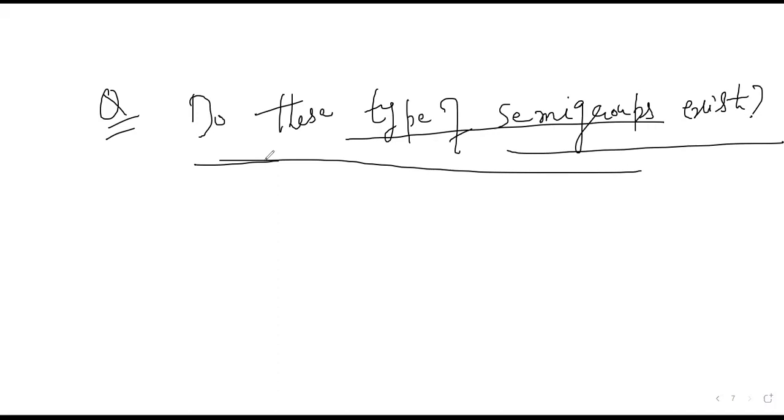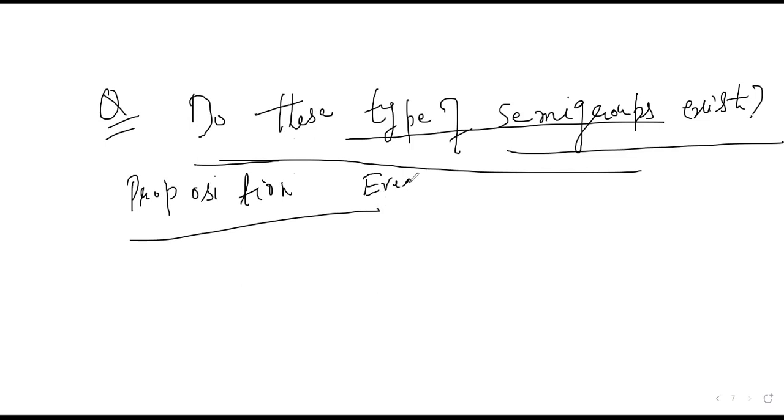But before going to Rees theorem, first I will prove this result for finite case. So this is the first result that we want to prove, and this is proposition. It says that every finite zero simple semigroup is completely zero simple.